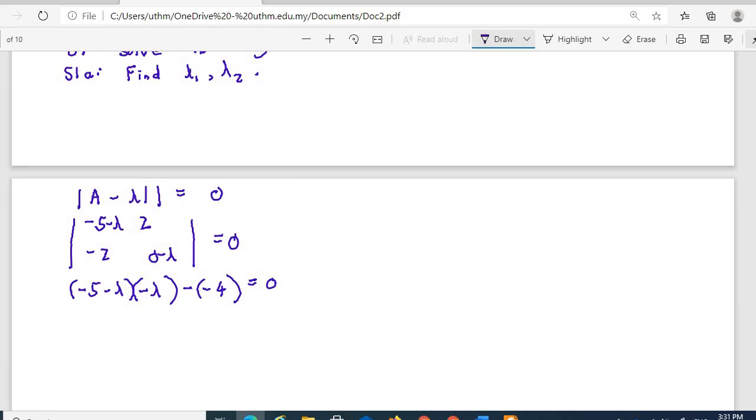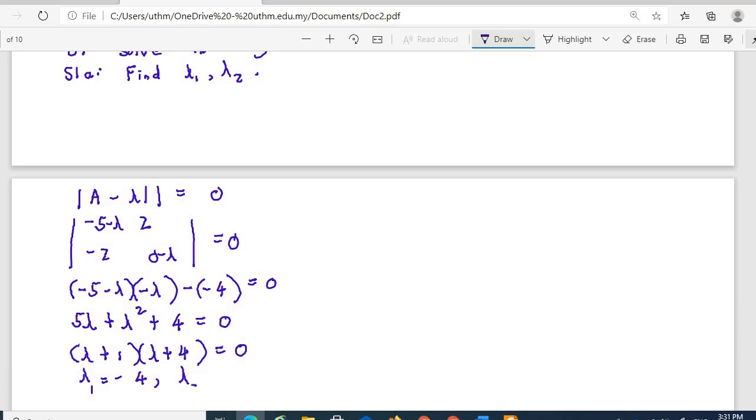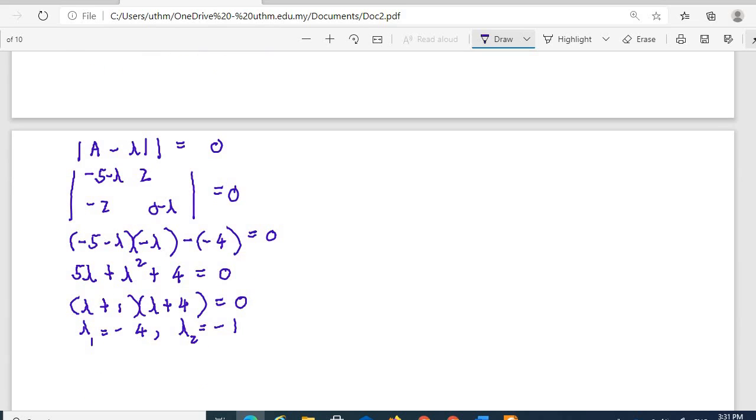So expand carefully, you have this to be lambda squared plus 5 lambda plus 4 equal to 0. So you have lambda plus 1, lambda plus 4 equal to 0. So your lambda 1 equal to negative 4, lambda 2 equal to negative 1. You have obtained lambda 1 and lambda 2.